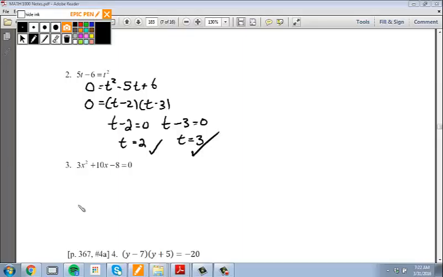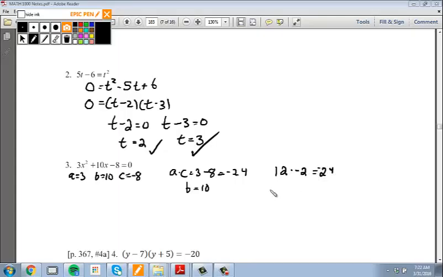Alright, 3. This one is a little bit more difficult, but we have our a of 3, our b of 10, and our c of negative 8. So I have to multiply a times c, 3 times negative 8, to get negative 24. I want numbers that multiply to give me negative 24 and add up to 10. What would those actually be? It would be a 12 and a negative 2, because that is negative 24, and 12 plus negative 2 is 10.